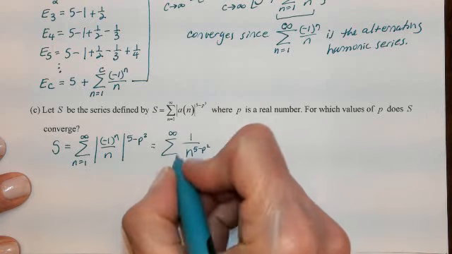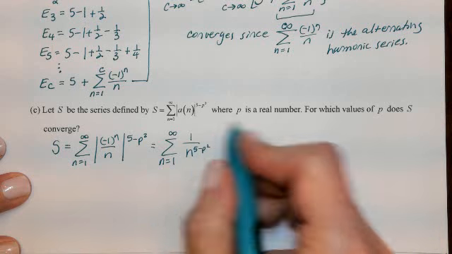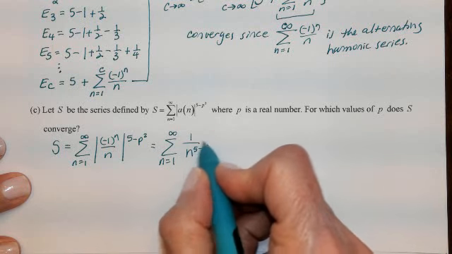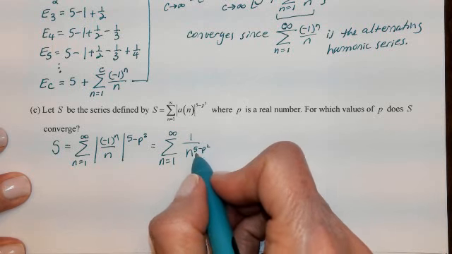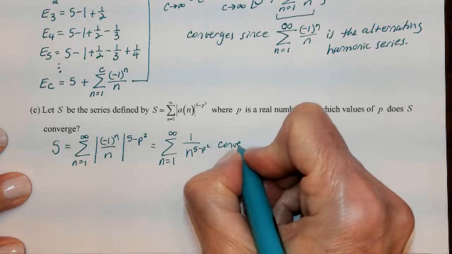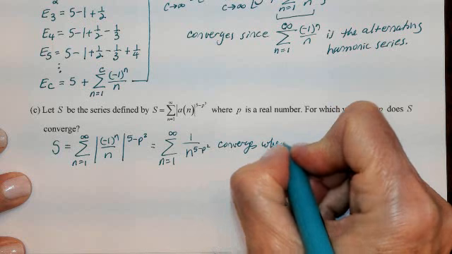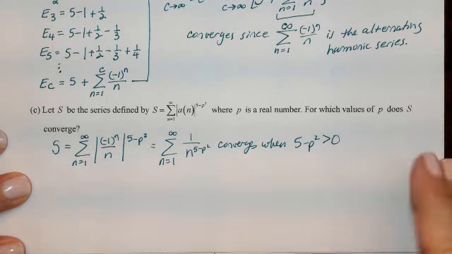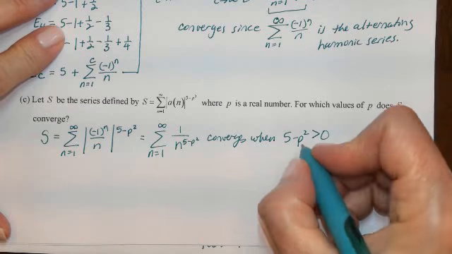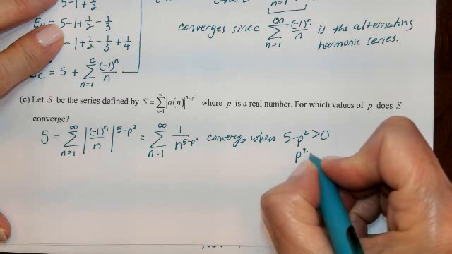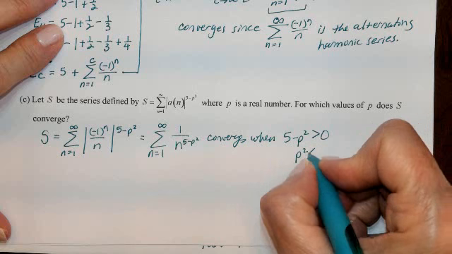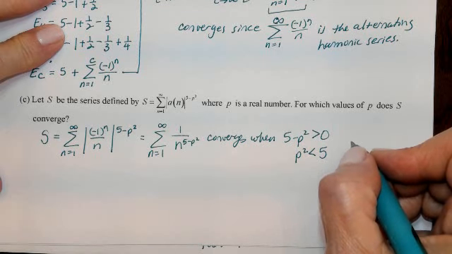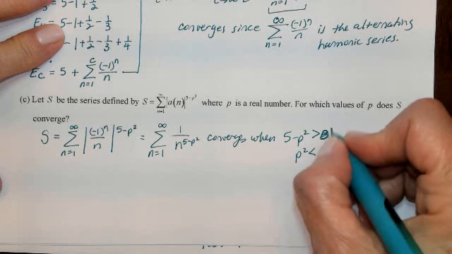And all of a sudden now I see this p series. And I know the p-series, for this to converge, this power has to be greater than 1. We know that about a p-series. So this converges when 5 minus p squared is greater than 1. And now all we have to do is solve that. So p squared, if we take that to the other side, p squared will be less than 5, right? And so, oh, I'm so sorry, not greater than 0, greater than 1.